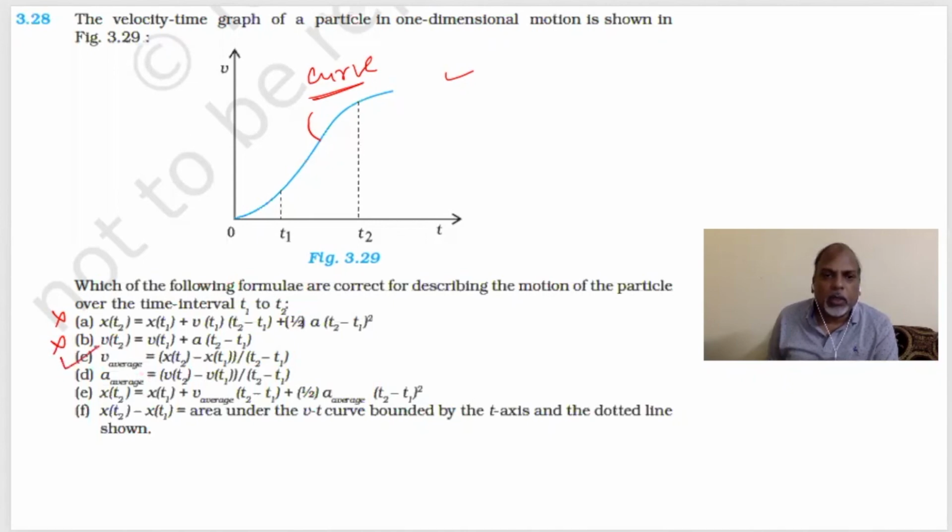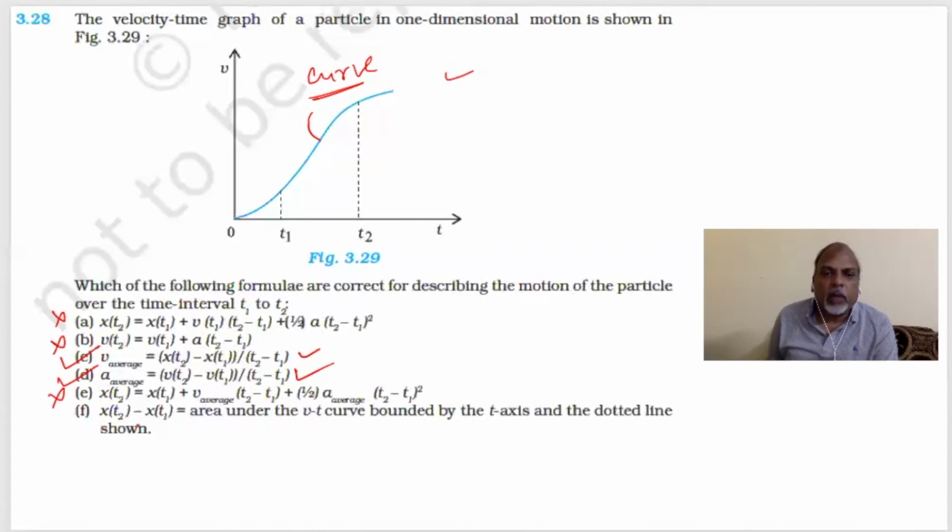This is okay because by definition average velocity is equal to this thing. Average acceleration is okay. By definition, it is this only. Again, this is not valid because acceleration again is non-uniform.